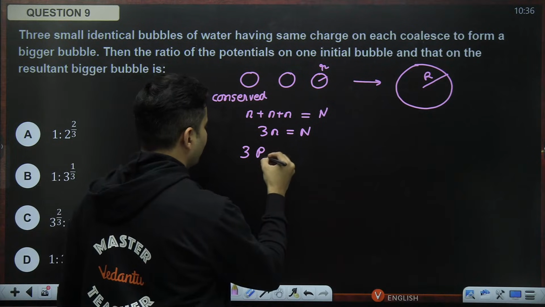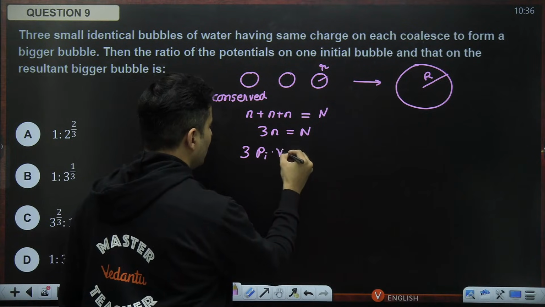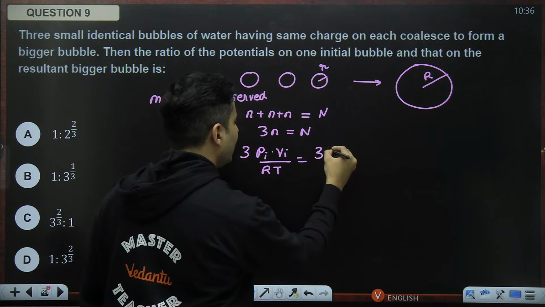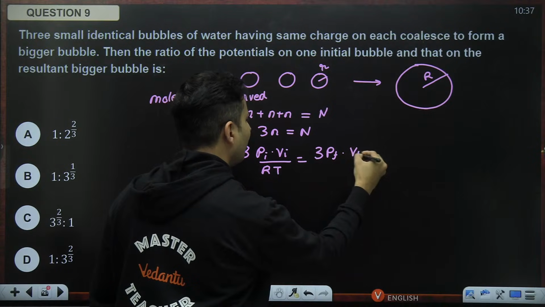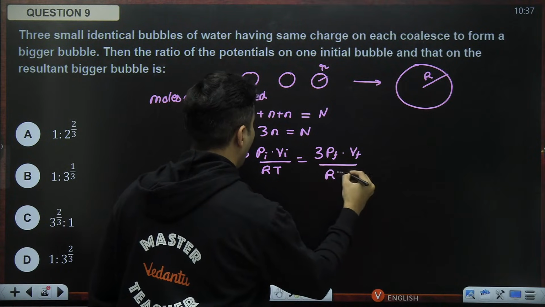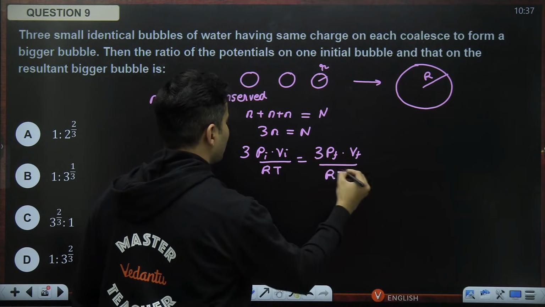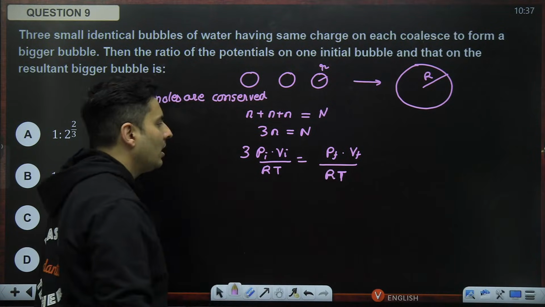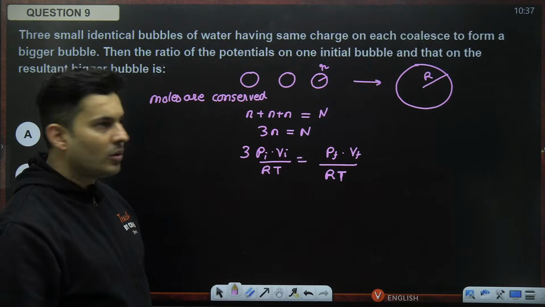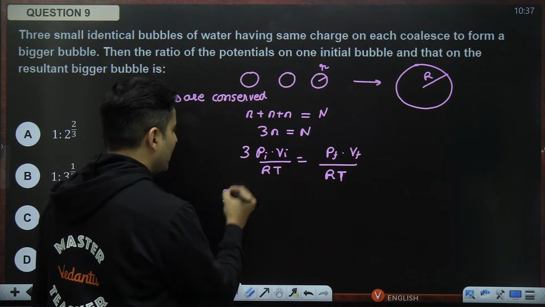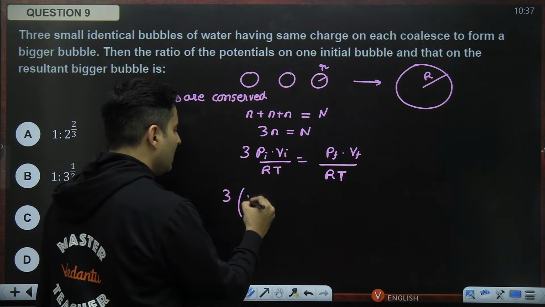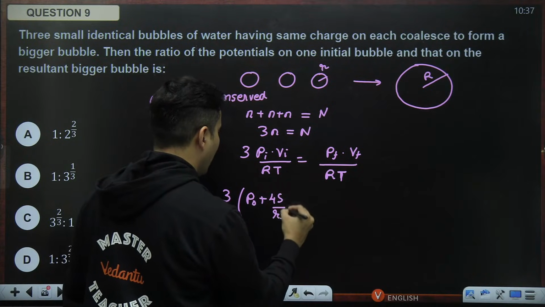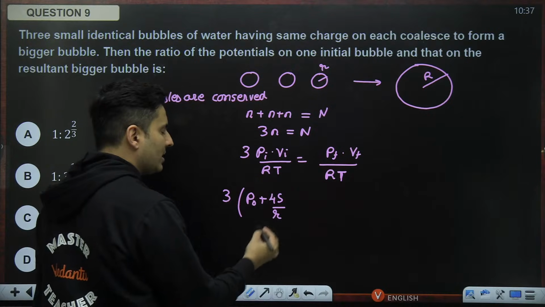So pressure initially into volume initially divided by RT will be 3 times pressure finally, volume finally, divided by RT. Sorry, 3 is not required here. R and T will be the same, so ignore that. So what is that pressure inside? That pressure inside is the outside pressure plus 4S by R.